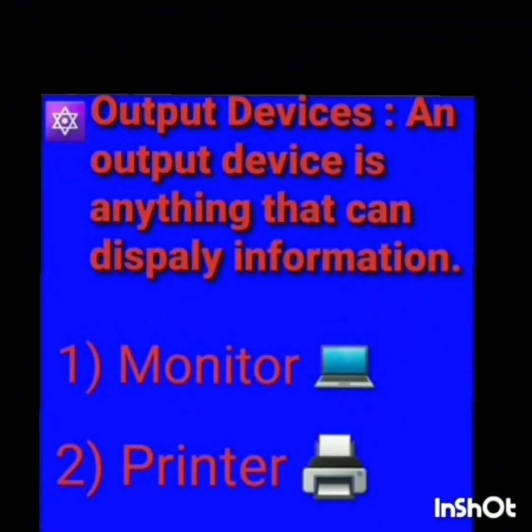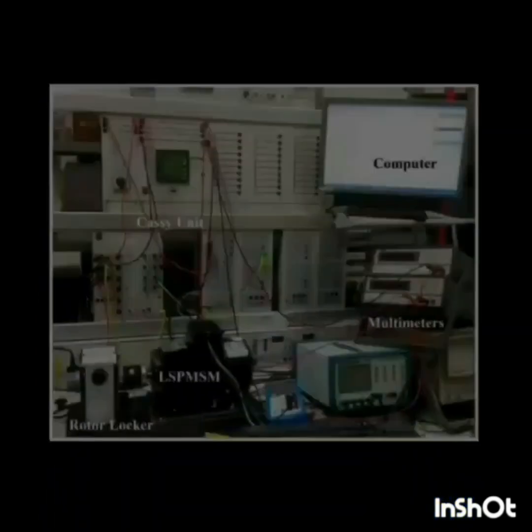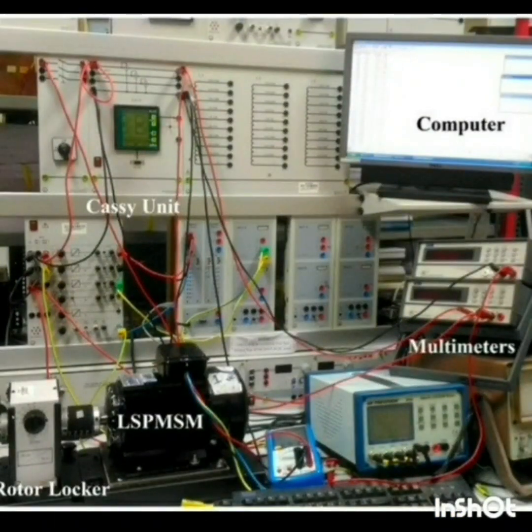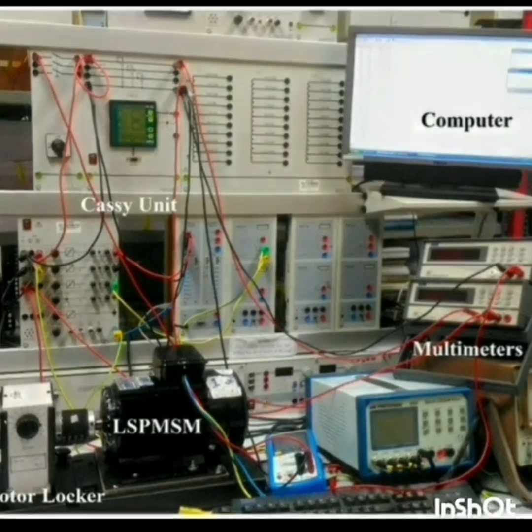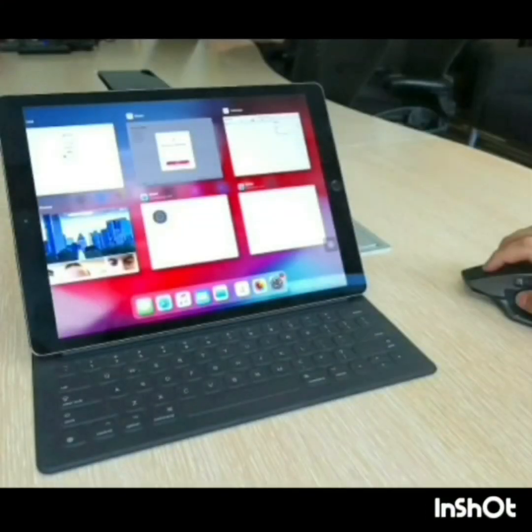Now, output device. What is the meaning of output device? An output device is anything that can display information. Let us learn about a few output devices. First is a monitor. A monitor is an output device. It is an electronic device that shows pictures of the computer.